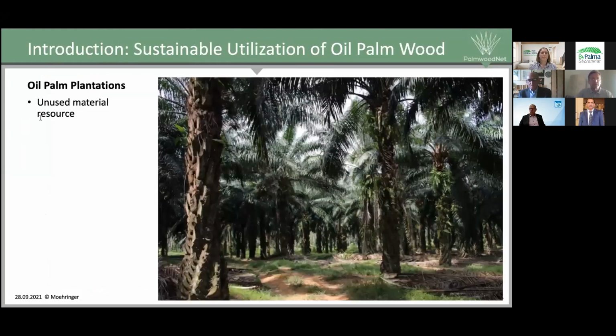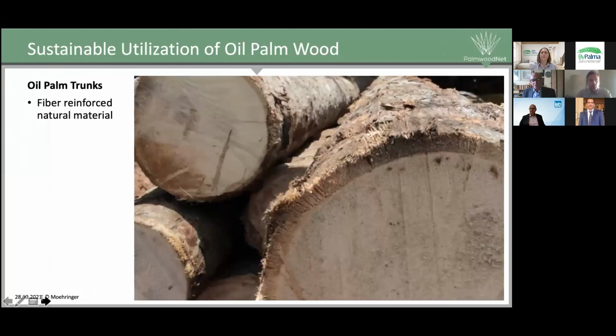So, as a short introduction, as Professor Frühwald already introduced, we are looking at an unused material resource, the oil palm trunks. They have very interesting characteristics. We are talking about fiber reinforced natural material.